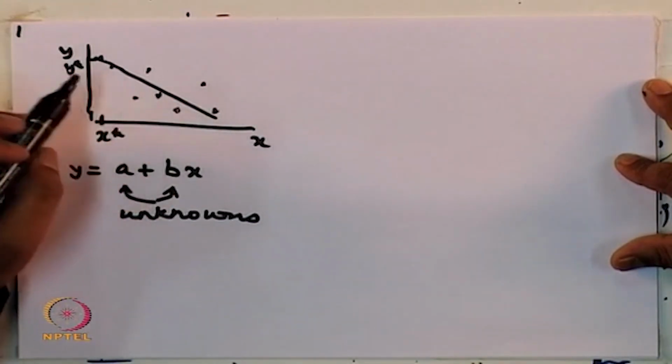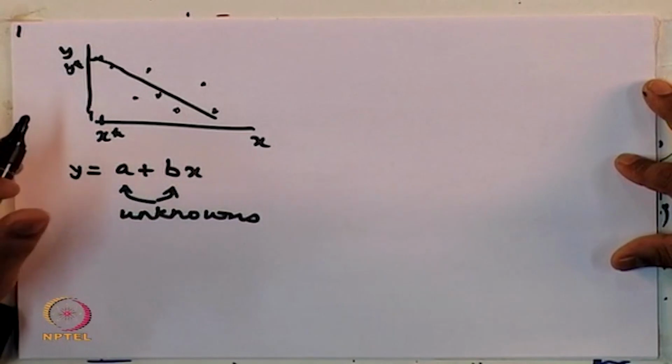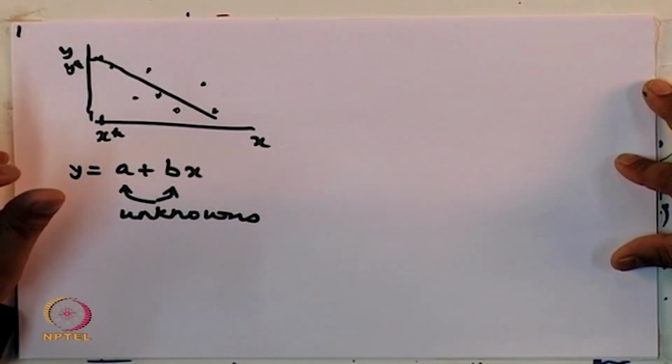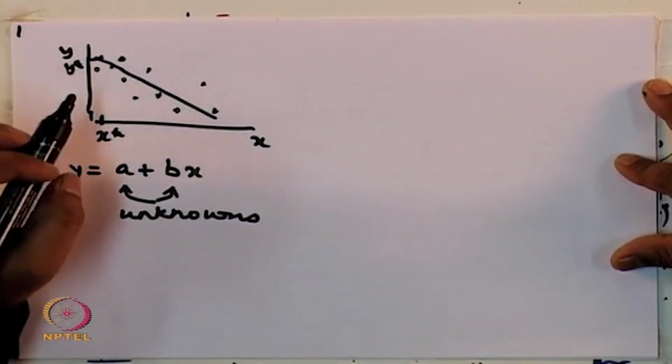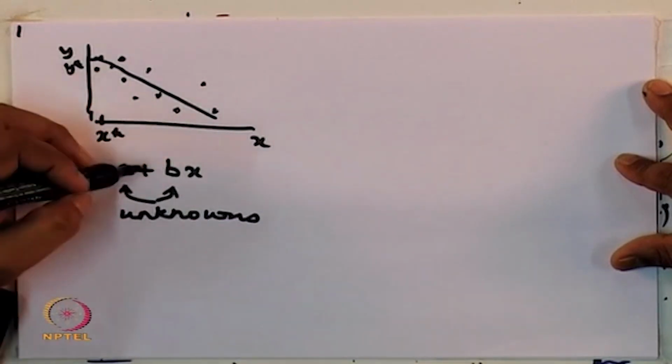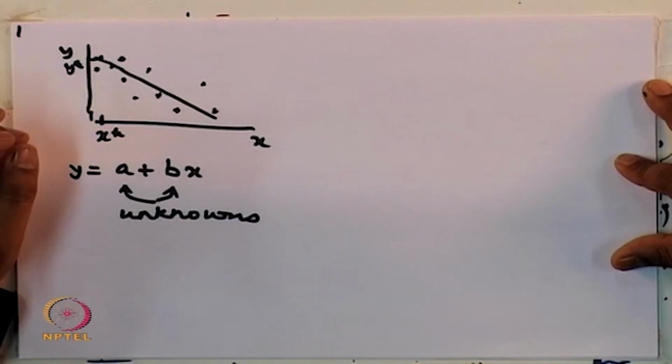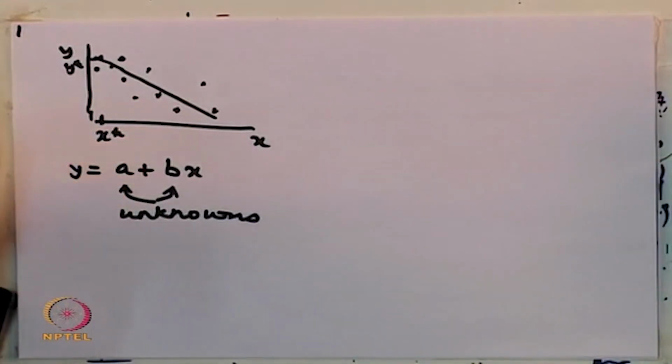If you had only 2 points, then a and b would be uniquely determined. But when you have multiple points, there are infinite solutions for the choice of a and b, and that is what brings us to linear regression.